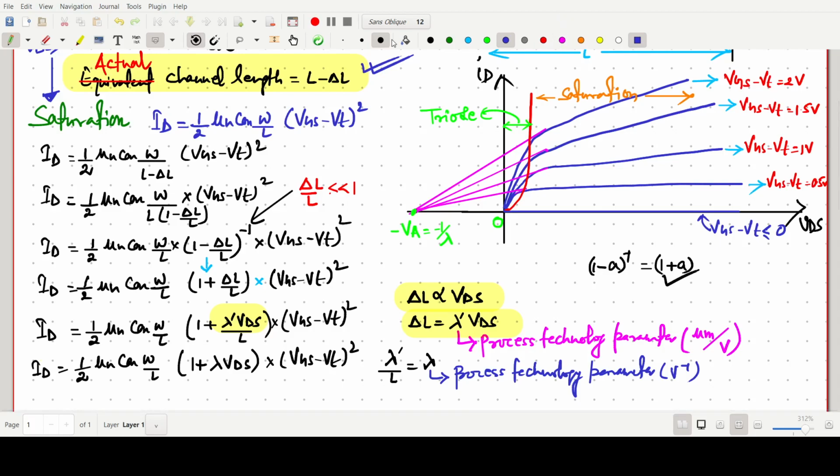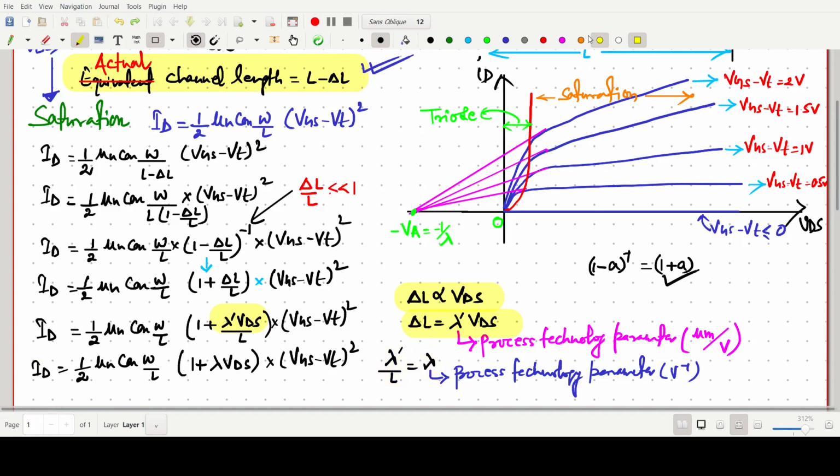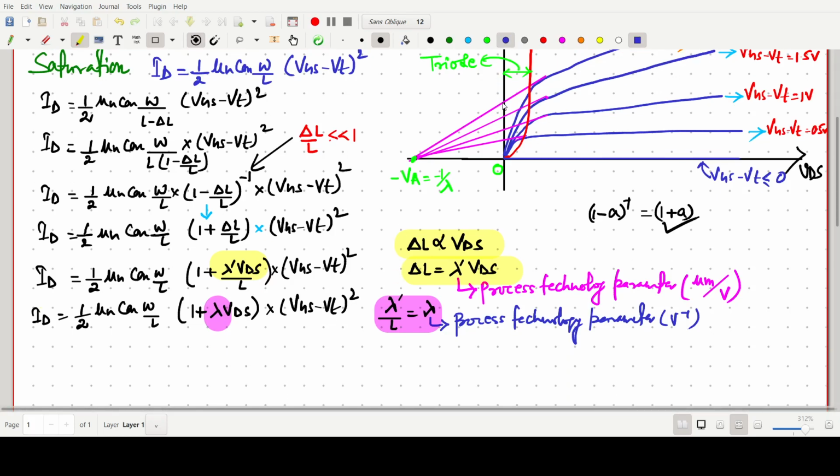Okay, so this one is also a very important observation. This one is lambda. So the overall expression we can say, ID equals 1 by 2 mu n Cox W by L, 1 plus lambda VDS, into (Vgs minus Vt) whole square. So this one is a very fundamental equation for the drain current in the saturation region by using the concept of channel length modulation.